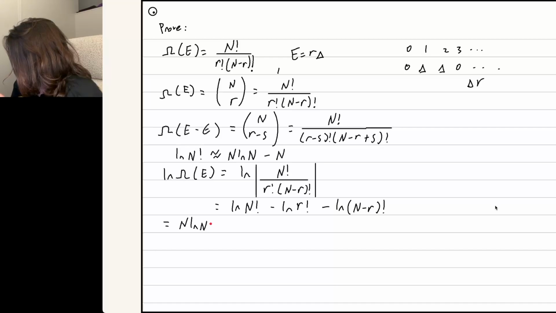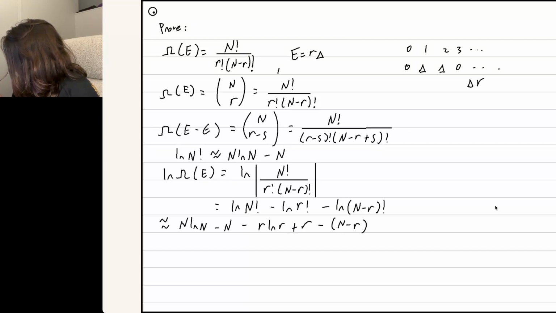Then apply Stirling approximation to each one individually. So n natural log of n minus n, minus r natural log of r. This is an approximation. Plus r, minus n minus r natural log of n minus r, and it's plus n minus r.